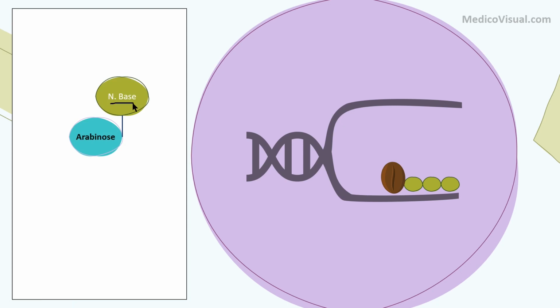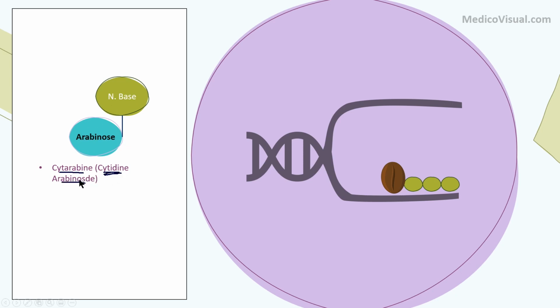nucleosides that are attached with arabinose sugar rather than with ribose sugar. Normally there is ribose sugar, but rather than being attached with ribose sugar, they are attached with arabinose sugar. So these arabinose-containing nucleotides include, for example, cytarabine, also called cytidine arabinoside.